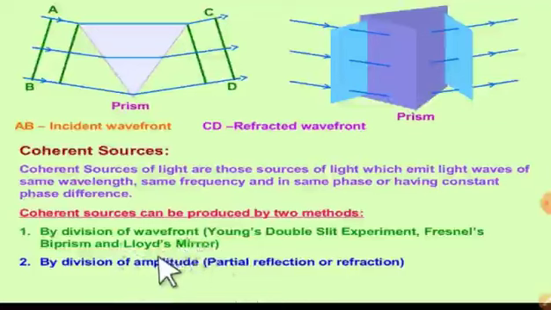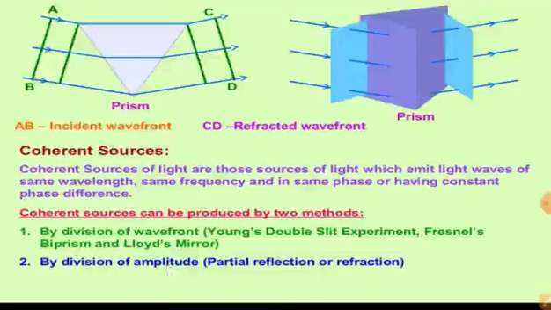You know that any two sources of light are not always coherent. But coherent sources can be obtained from a single source by means of these different methods. If the light is coming from a single source and it is divided into two sources, then the two sources must have the same phase, or if not the same phase, the phase difference will always be constant.